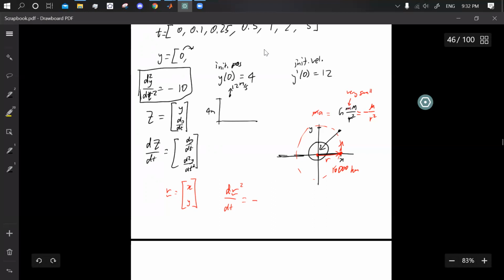So the m's cancel, and then a is equal to whatever force this is. This is the magnitude of the force. In vector notation, I can write it as mu over r squared, which is the same thing as GMm over r squared.